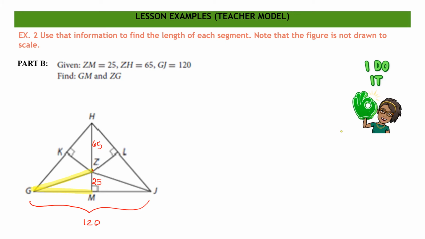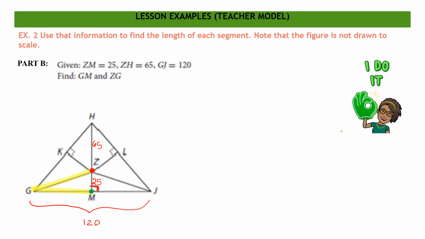So once again, Z is our circumcenter, and we know from Z to M is a perpendicular bisector because of this marking that we have here. So that means that M is our midpoint of segment GJ. So if GJ has a midpoint of M, that means it's cutting this segment into 2 equal parts.